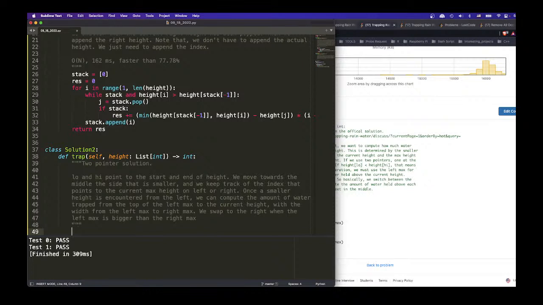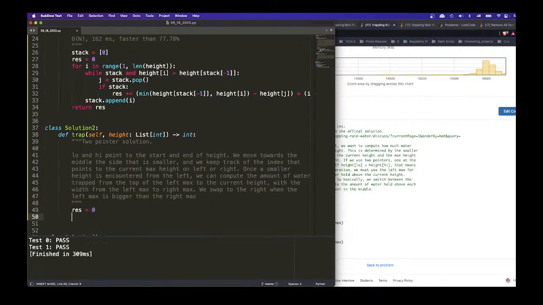Yeah. So res is 0. We're gonna call it low and high. Len height minus 1. Usually we say while low is smaller than high.